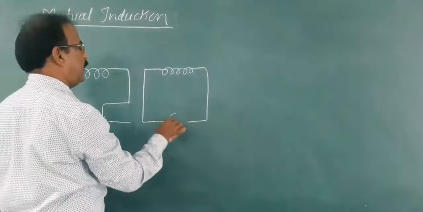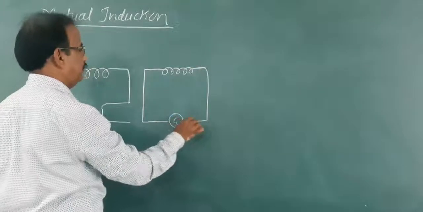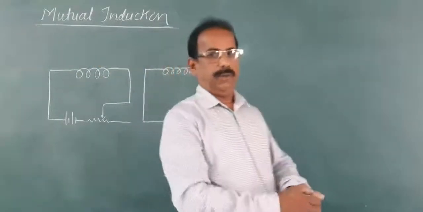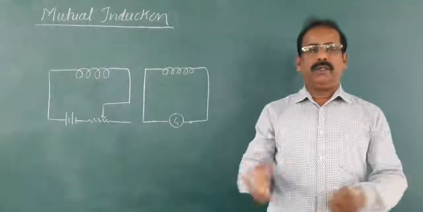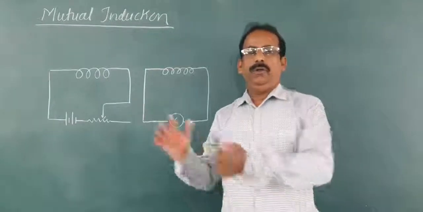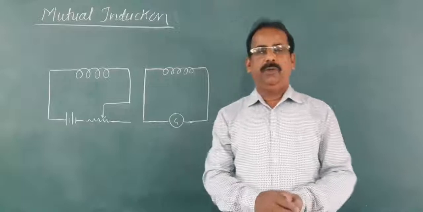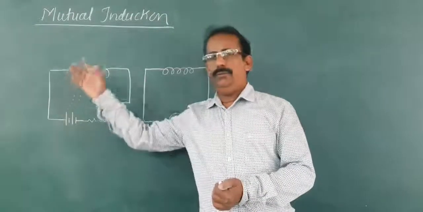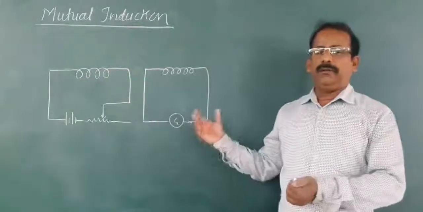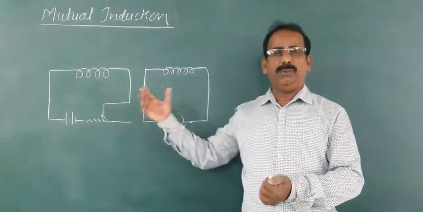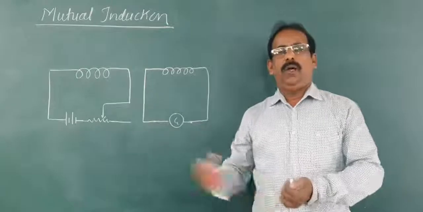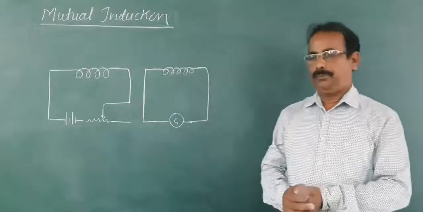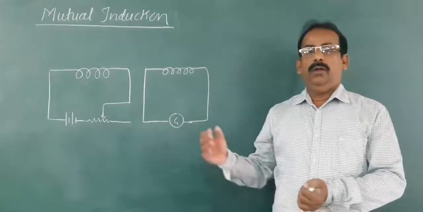Across the second coil, a galvanometer is connected. We have taken two different coils, two different circuits, kept side by side. Current is allowed to pass through one coil, and the second coil is kept near this first coil. Across the second coil, only a galvanometer is connected here.